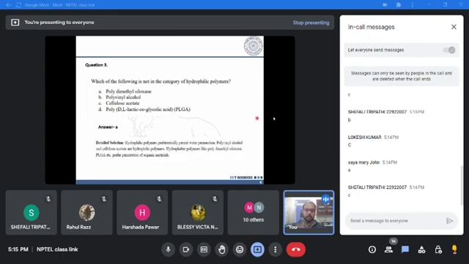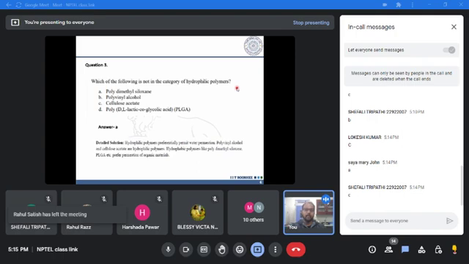Okay, so the answer is that polydimethyl siloxane is not a hydrophilic polymer. Polyvinyl alcohol and cellulose acetate are hydrophilic polymers. Hydrophilic polymers attract water or allow water to pass through their packaging matrix.